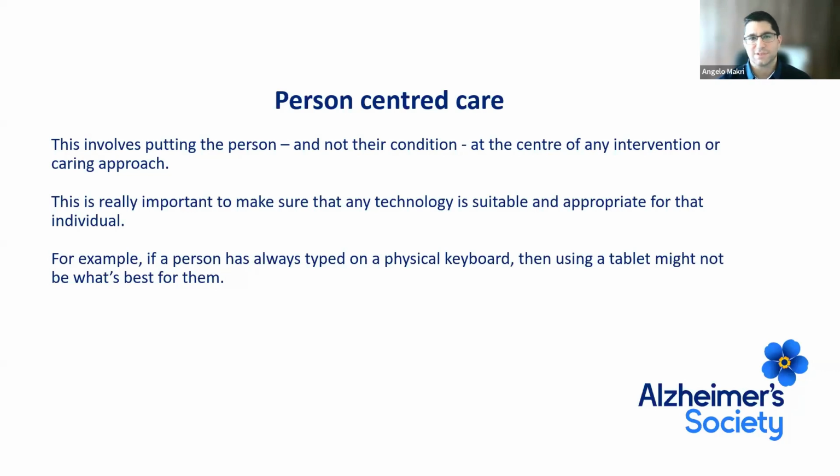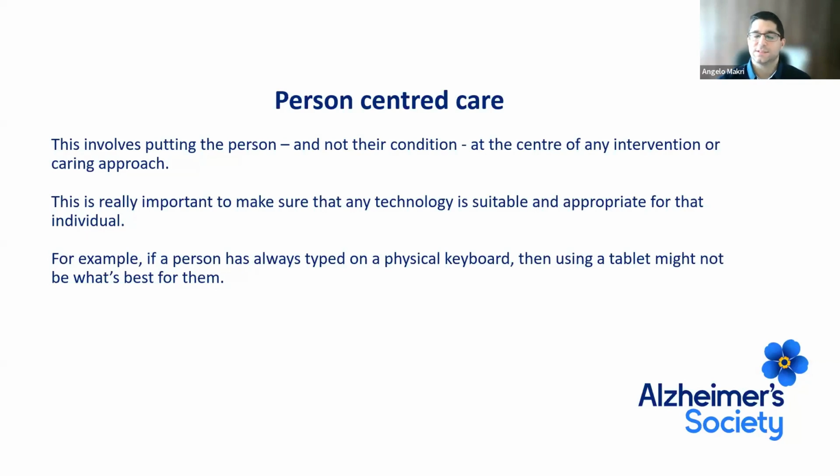You're looking at who the person is, their personality, their likes and dislikes, their life history, where they've lived, what jobs they've had, all of those kinds of things. They're really important to take into account so that any technology or intervention is going to be suitable and appropriate for that person.